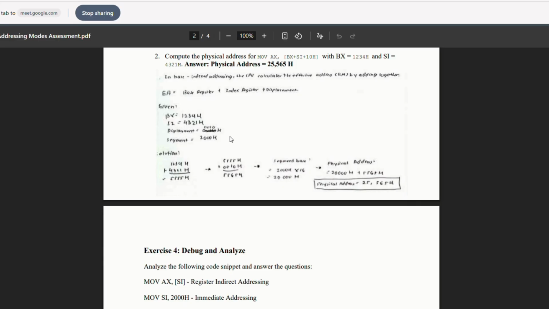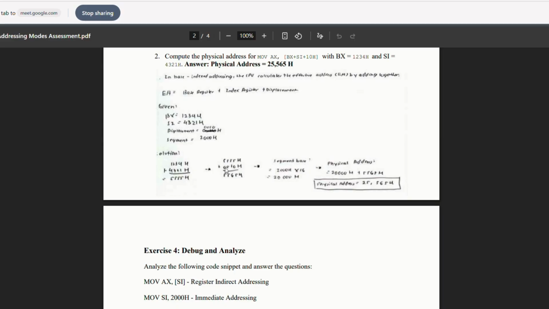For the solution, we add BX and SI to get the base index: 1234H plus 4321H is equal to 5555H. This gives the intermediate effective address, and adding the displacement gives the final effective address.